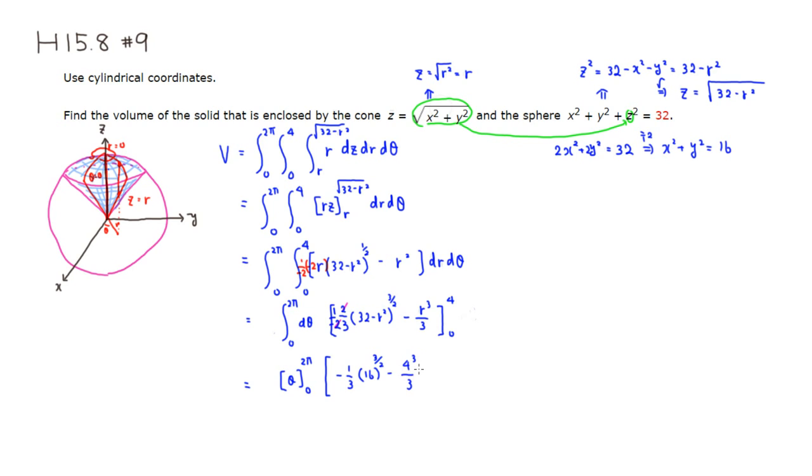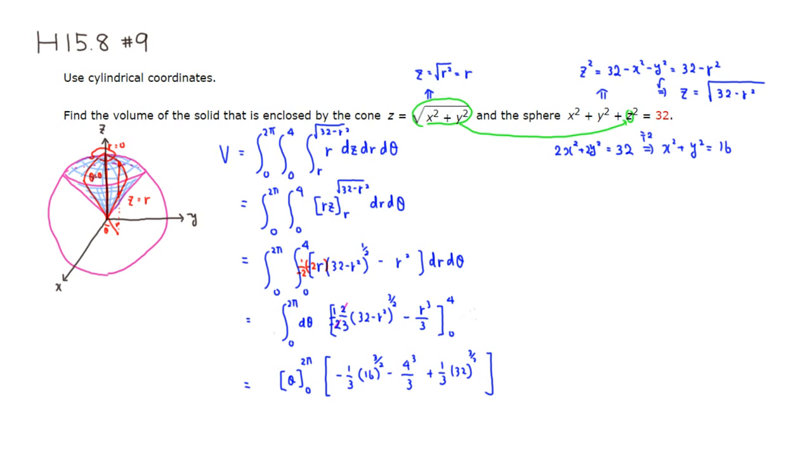And then we plug in the lower limit, so it's going to be minus, but we already have a negative sign, so it's a plus 1/3 times 32 raised to the 3/2 power. Then I plug in 0, it's 0. So we have that. We have to clean this up a little bit.